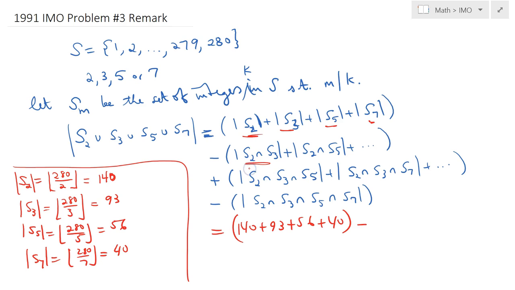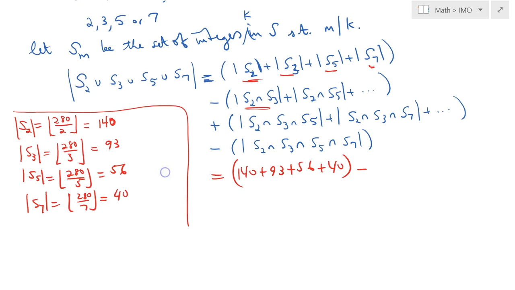How many numbers are divisible by 2 and 3 at the same time? If a number is divisible by 2 and 3 at the same time, we're talking about divisibility by 6. So S sub 6 would simply be 280 divided by 6, which is, if I'm not mistaken, with the floor function, 46.